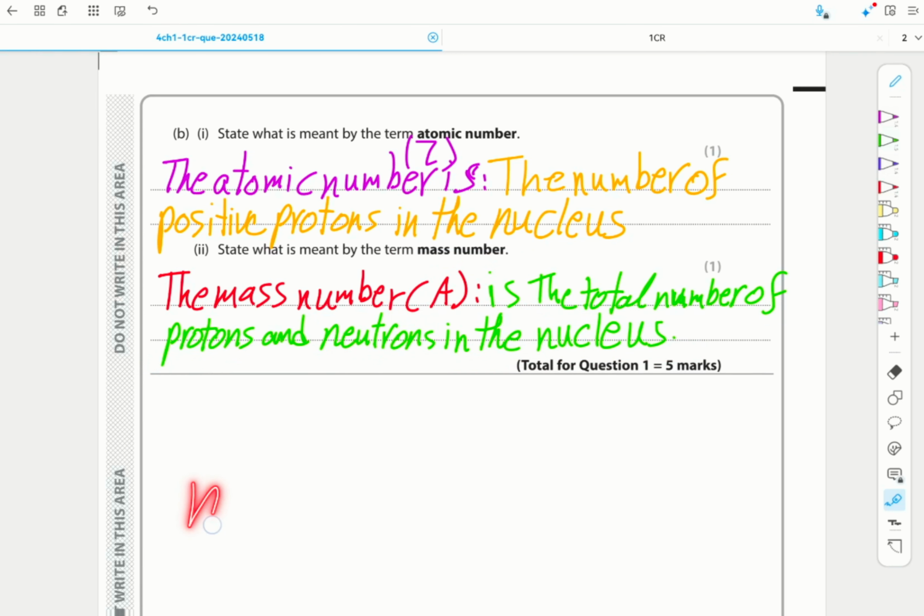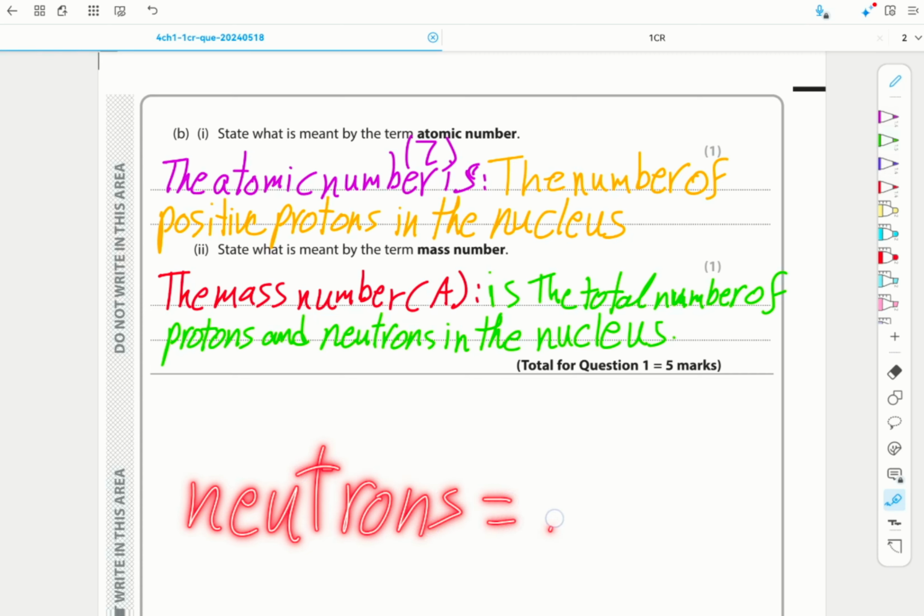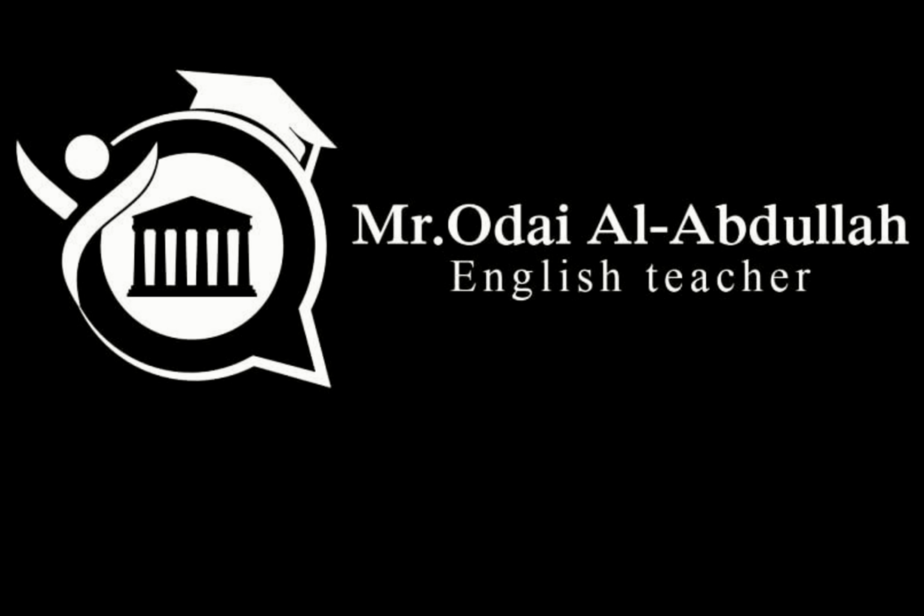So the number of neutrons equals A, the number of both positive protons and neutral neutrons, minus Z, which refers to the number of positive protons only.